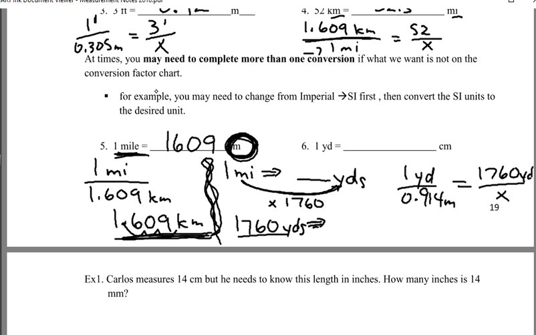So it's just a different way to approach it. The first time, we did miles to kilometers, kilometers to meters. This time, we're going miles to yards and the yard to meter conversion. And when I do that, 1,760, and I multiply it by 0.914 and divide by 1, what do I get? I get 1608.64.